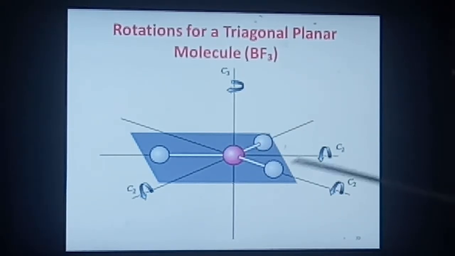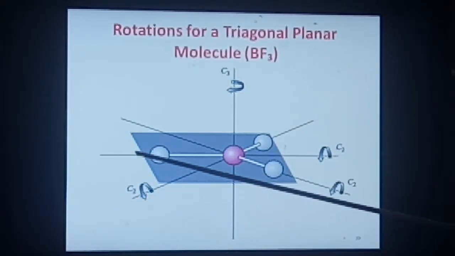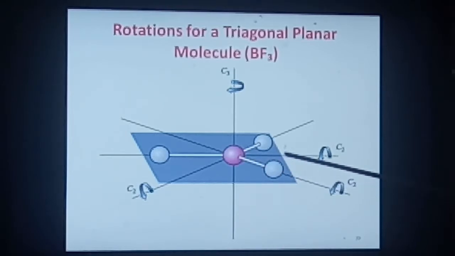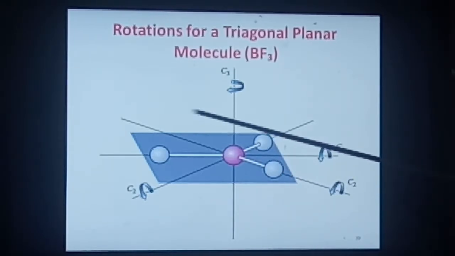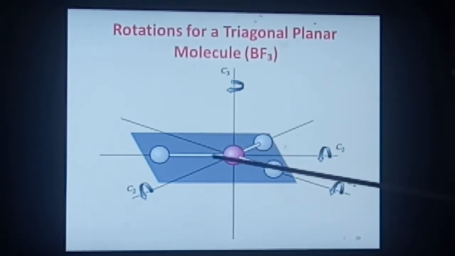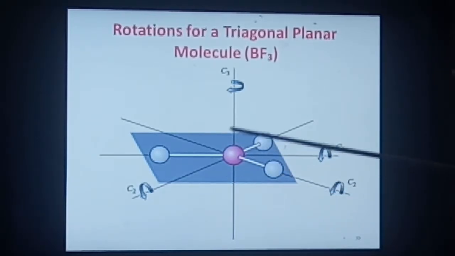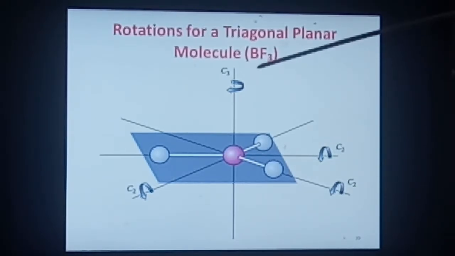If we rotate the molecule about this axis, then it is C2. If we rotate the molecule about this axis, it is again C2, and if we rotate the molecule about this axis, it is again C2. So there are three C2 axes of rotation and one C3 axis of rotation, in which the C3 axis of rotation is the principal axis.